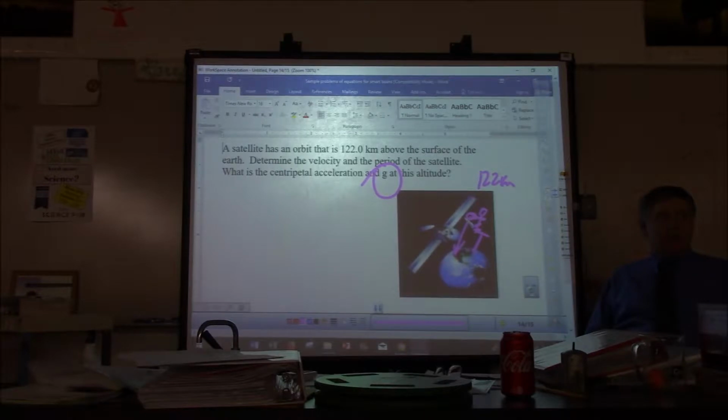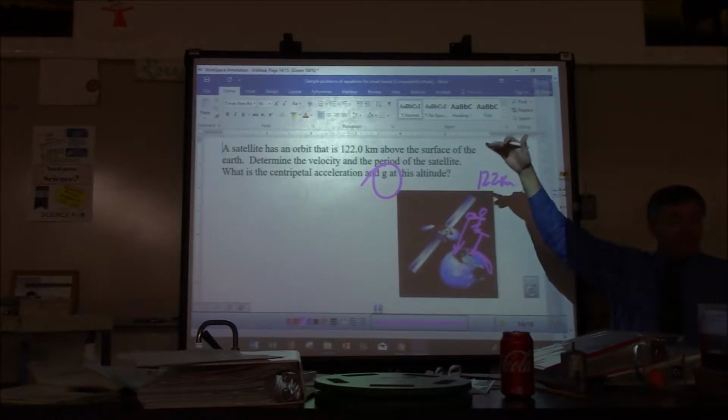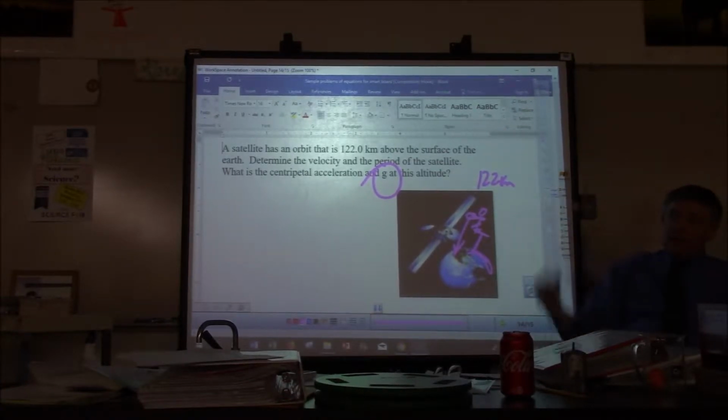Smaller. Why? Because the distance is larger. I get 9.8 if I'm on the surface of the Earth, but I'm 122 kilometers above it. So I know my answer better be less than 9.8 meters per second squared.